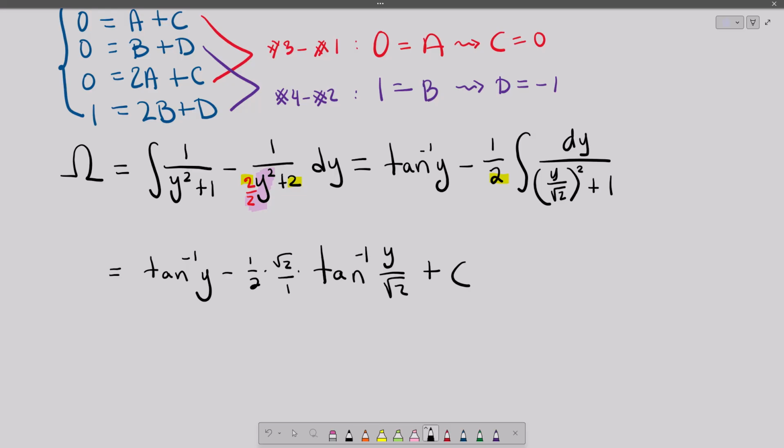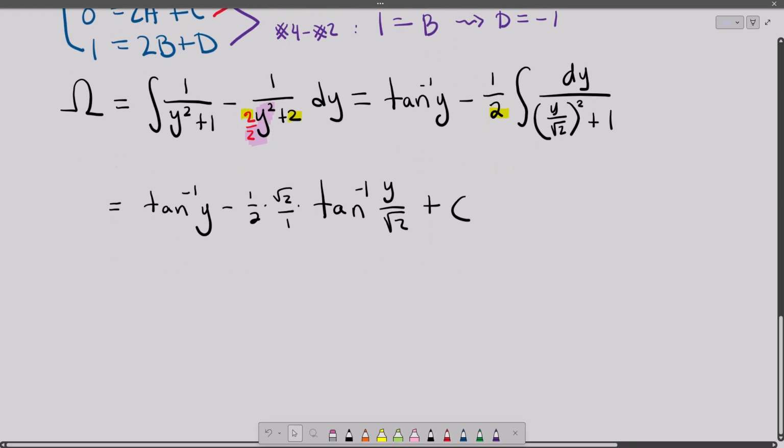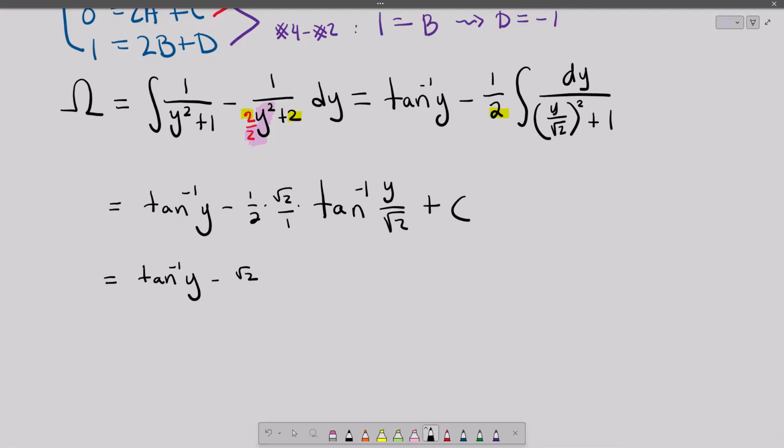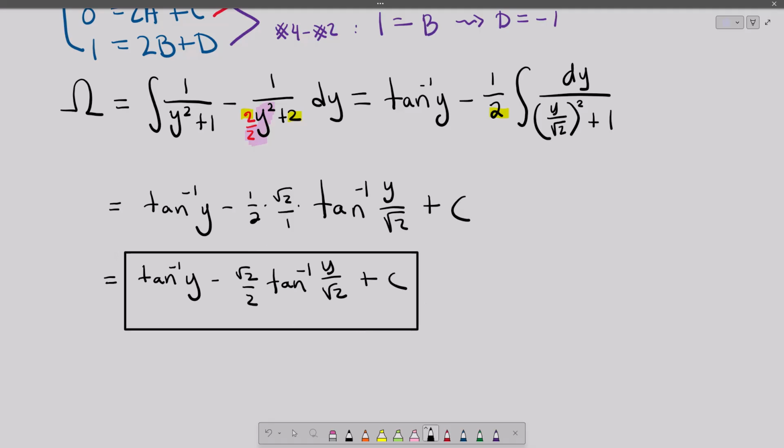Dividing 1 by root 2, we multiply by root 2 over 1. Not anything we can really do to simplify. These arctangents cannot be combined. So that's where we're at.